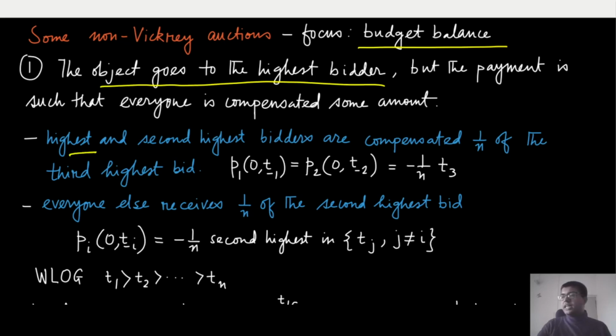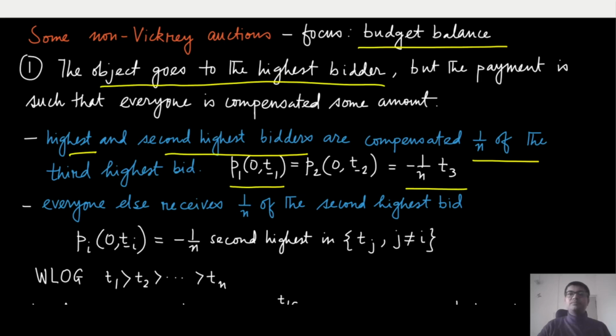The highest bidder and the second highest bidder are compensated 1/n of the third highest bid. Without loss of generality, let the natural ordering 1, 2, 3 be in the order of the relative largeness of their types. So player 1 is the highest bidder, player 2 is the second highest bidder, and so on. For both these players, pi 0 t minus I will be equal to minus 1 by n times t3.